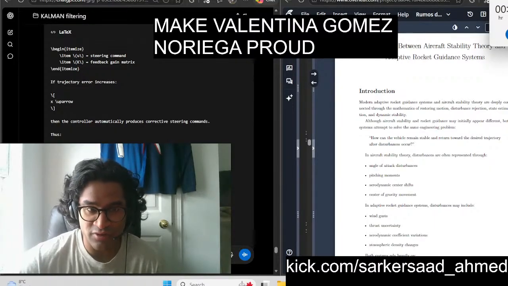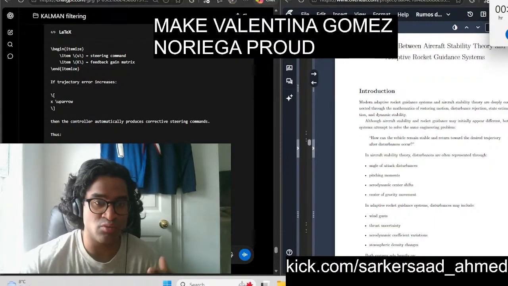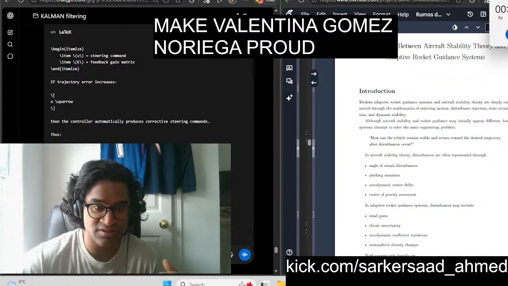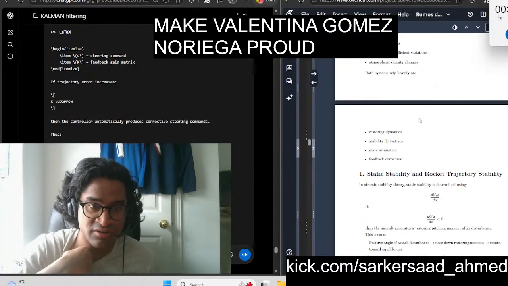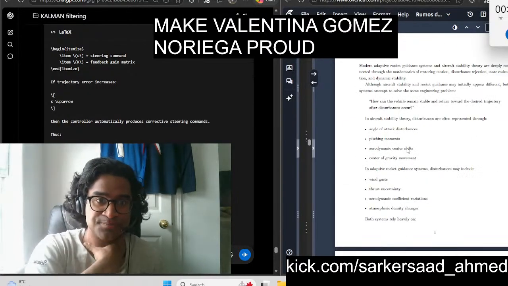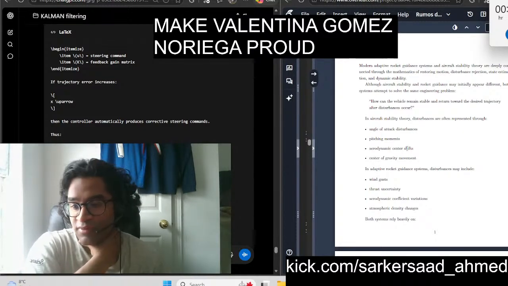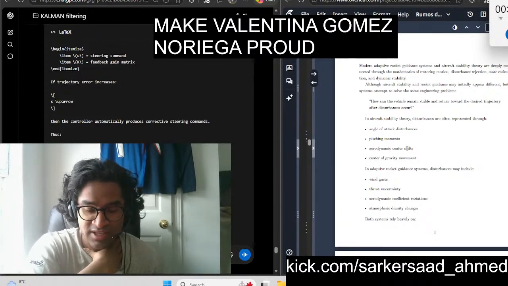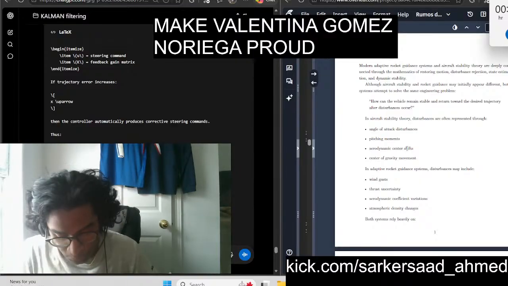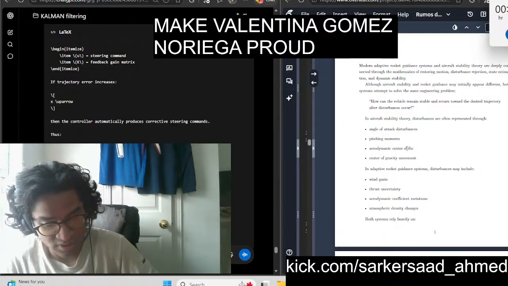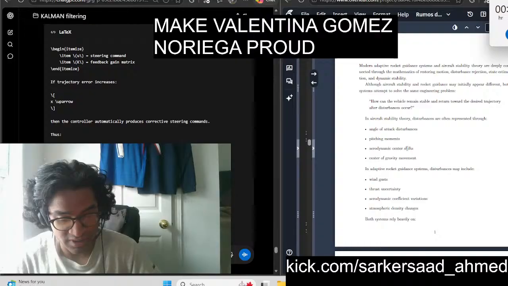In adaptive rocket guidance, the disturbances may include wind gusts, thrust uncertainty, aerodynamic coefficient variations, atmospheric density. Both rely heavily on restoring dynamics, stability derivatives, state estimation, feedback correction. So long story short, any rocket guidance systems. This is step one at 1 minute 47.